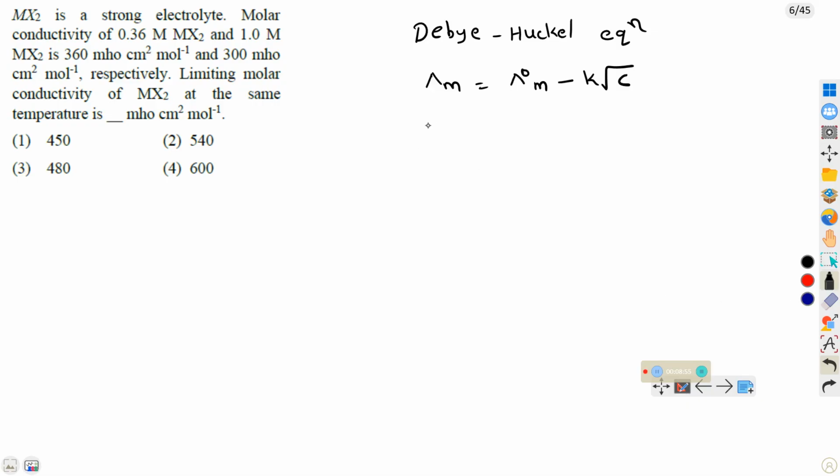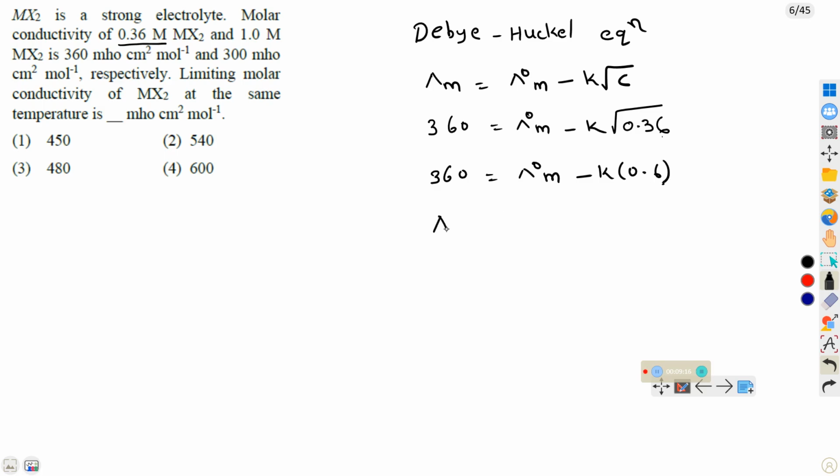Λm is 360 = Λ°m minus k, the c value is given as 0.36 molar, square root of 0.36 is 0.6. So 360 = Λ°m minus k into 0.6. Then Λ°m = 360 + 0.6k.